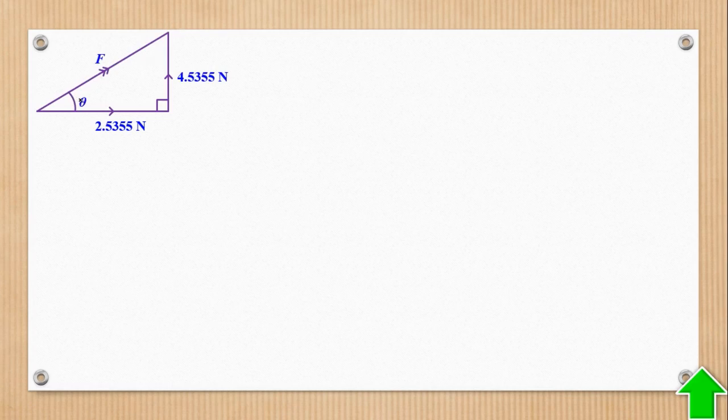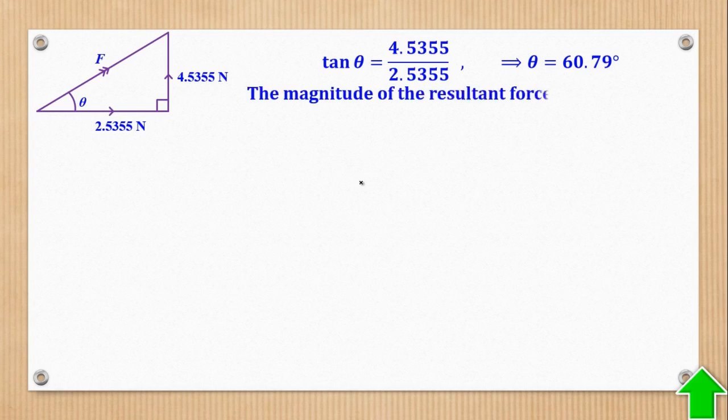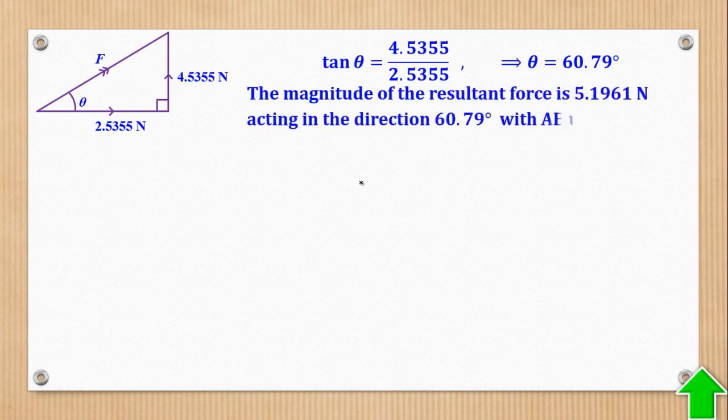So our theta is the direction they want. We shall say that tan theta is equal to opposite over adjacent to give you theta as 60.79. Then you can conclude the magnitude is this in the direction this with AB, upward. Or you can say above AB.